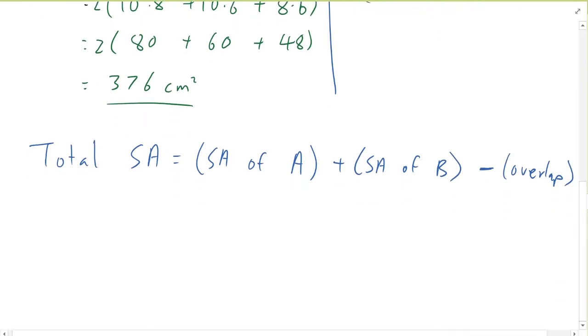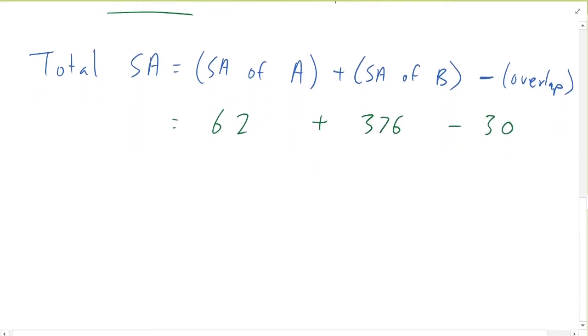And then we plug that in. This was 62, this part was 376, and this part was 30. And so the total surface area of this composite object is 408 square centimeters.